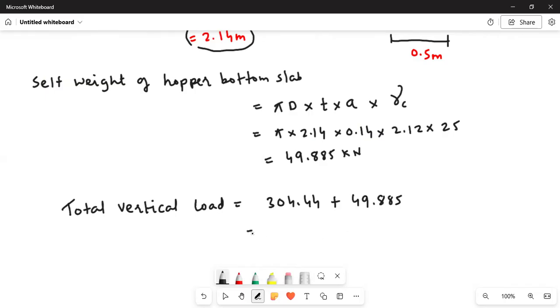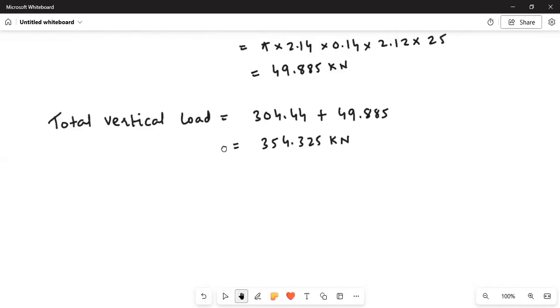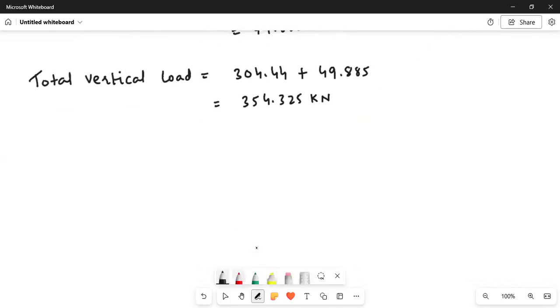Just now we have calculated this. So this is coming as 354.325 kilonewton. Okay. So this is the total load that is coming. So from this total load, we need to find the tension in the hopper bottom.